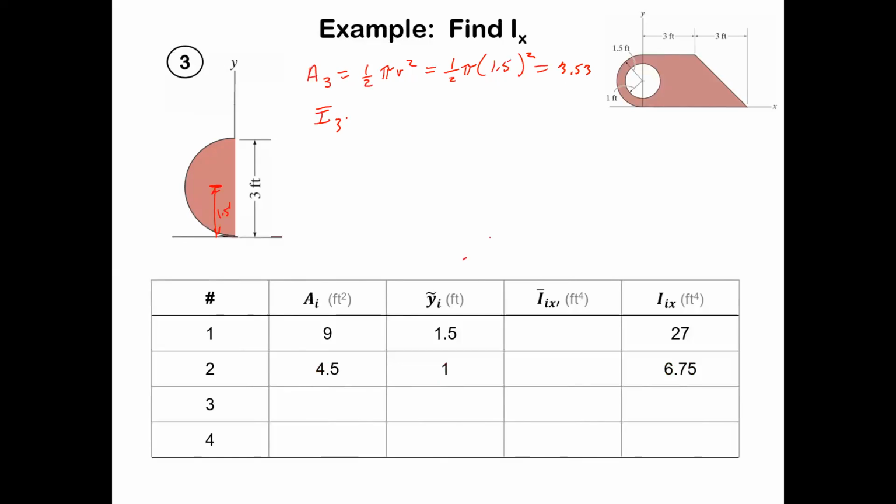So this is where we have to be careful. With a semicircle, we probably aren't going to find the moment of inertia of a semicircle about a tangent to the edge, right? That's asking for a lot.